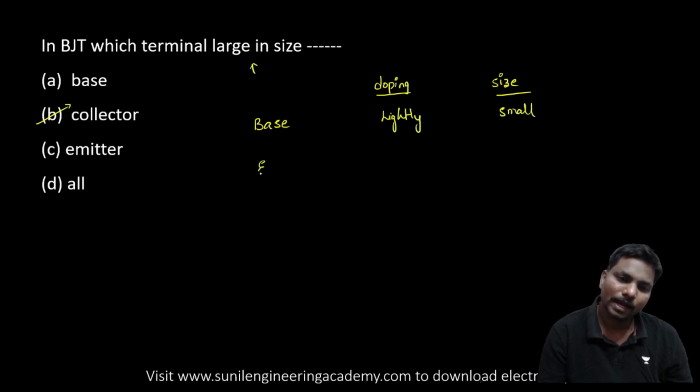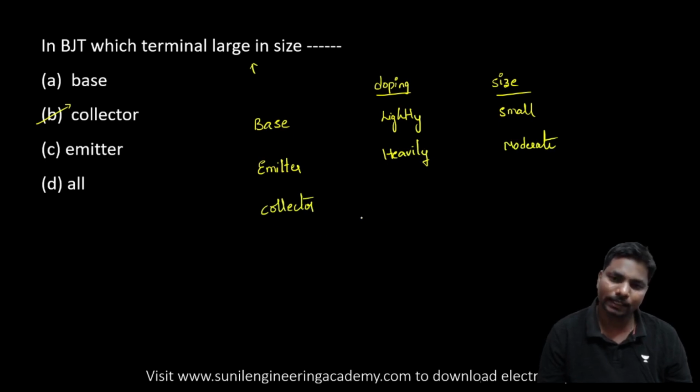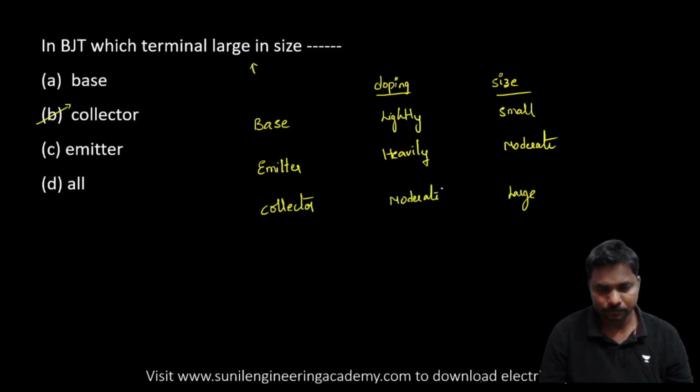Coming to the emitter, emitter is heavily doped, so to eject the electrons it has to be heavily doped, and size moderate. And the collector, used to collect the current, has to be large in size, and moderately doped. These are the very important points.